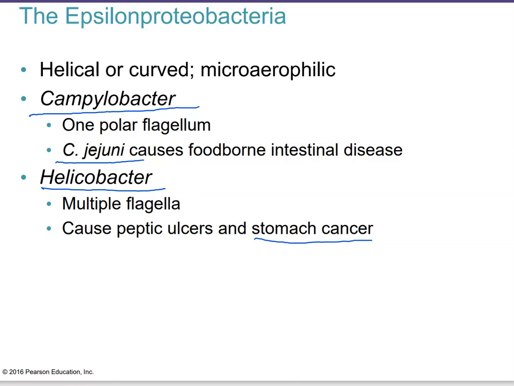And a lot of times it's a good idea if you have stomach problems, too much acid production maybe, or you have gastritis, and it doesn't go away with some Pepcid or with some Tums, then you might want to get it checked out and see if you need a round of antibiotics to get rid of Helicobacter pylori, which can also then cause stomach cancer, and it would be a good idea to get rid of.